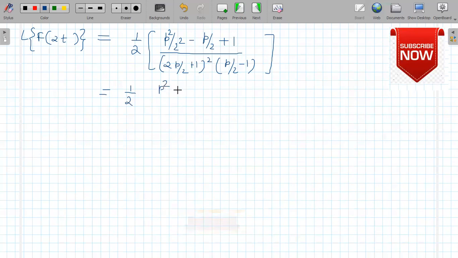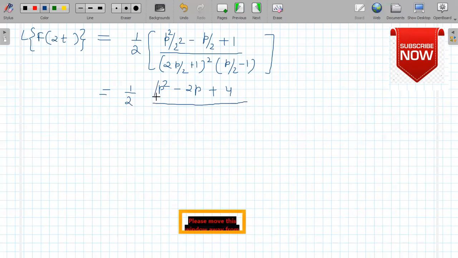This is p square minus 2p plus 4, and the whole expression is divided by 2 square.